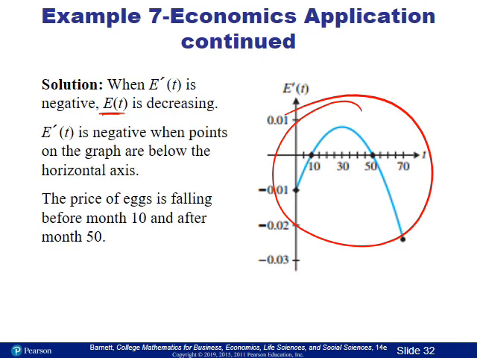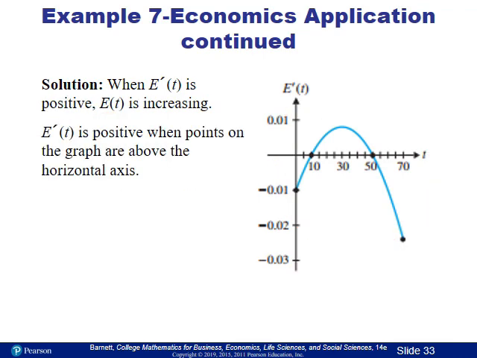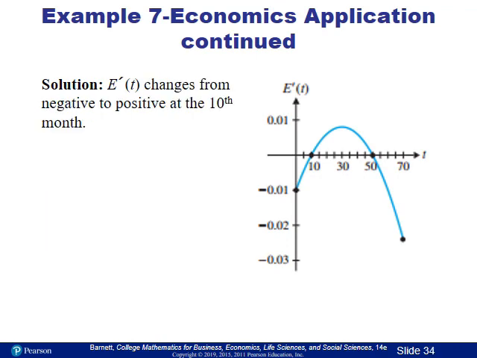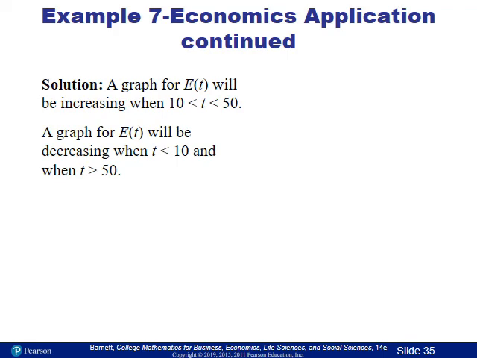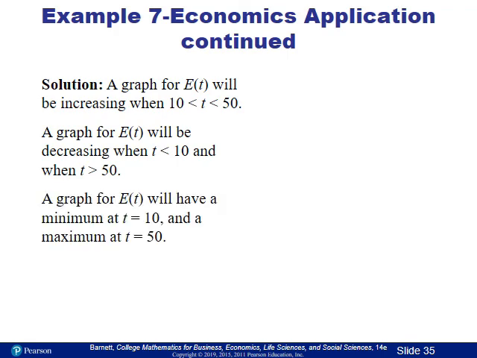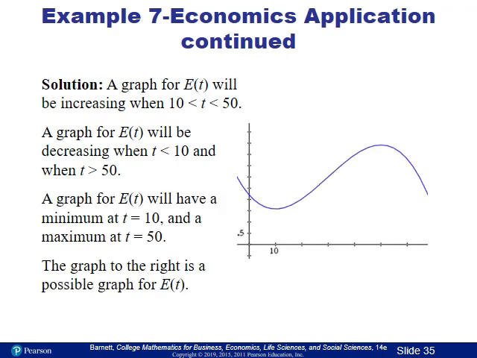So you can see that here is the graph. This is the graph which we have already discussed, that till 10 derivative was negative, so function is decreasing till 10.